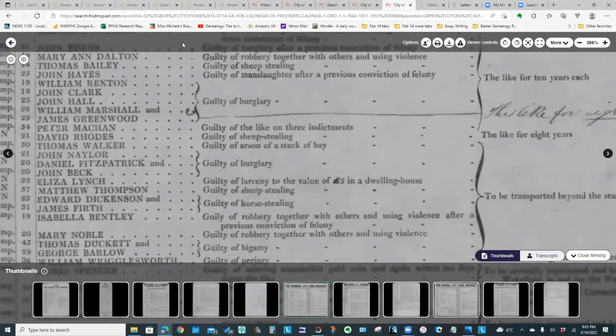here we see William again, and he's been found guilty of burglary. And if you notice, it gives the sentence. Now, all of these crimes here have been given the same sentence of 10 years.